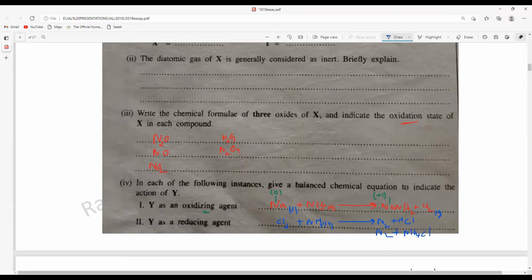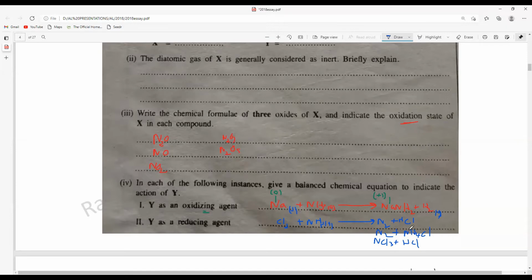So these are the two main reactions that come to my mind. Or even, in some cases, this could give NCl3 and HCl, if I can remember. So this is also possible when ammonia reacts with chlorine. So you see here different products at different conditions.